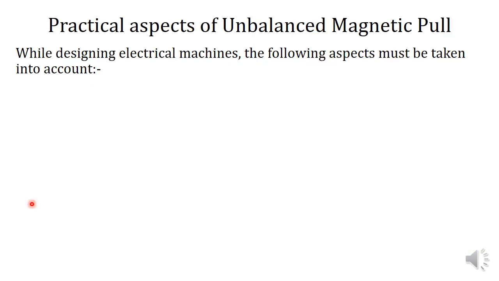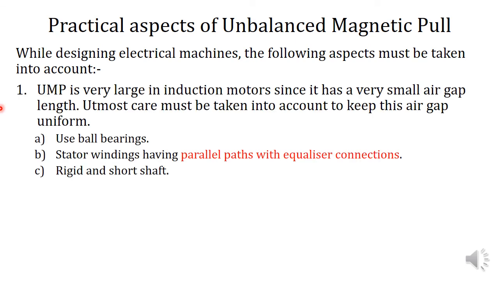Now, let's discuss the practical aspects of unbalanced magnetic pull. While designing electrical machines, the following aspects must be taken into account. There are three cases. First one, the unbalanced magnetic pull is very large in induction motors since they have a very small air gap length.